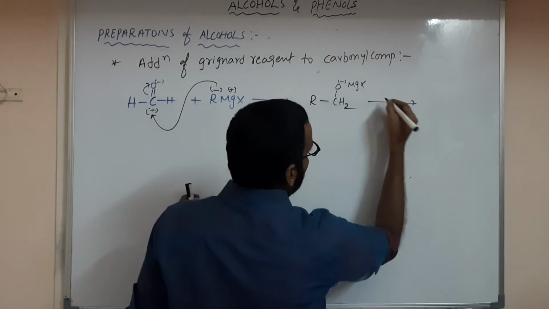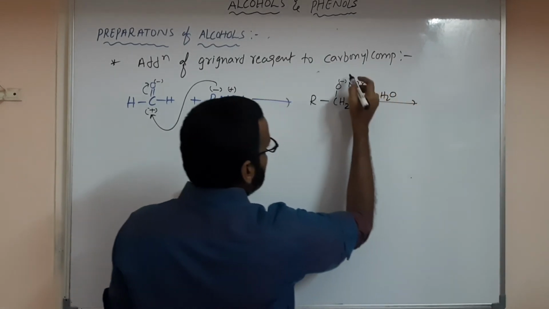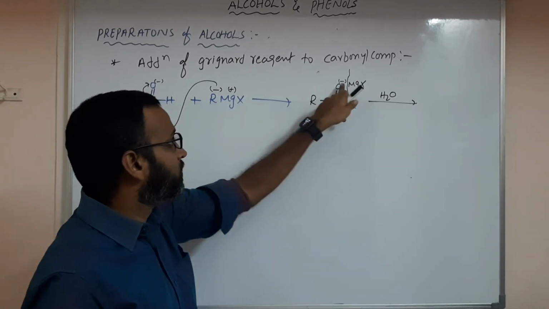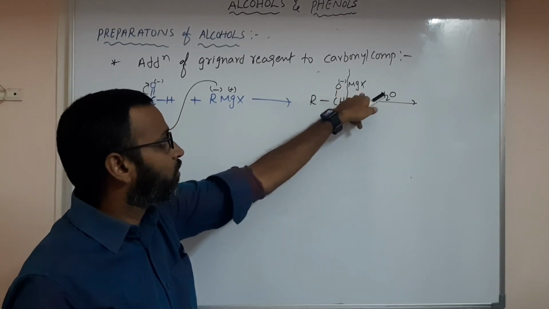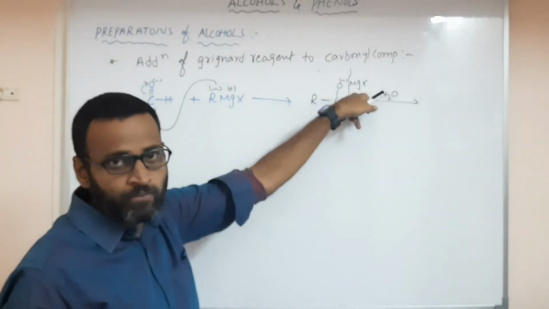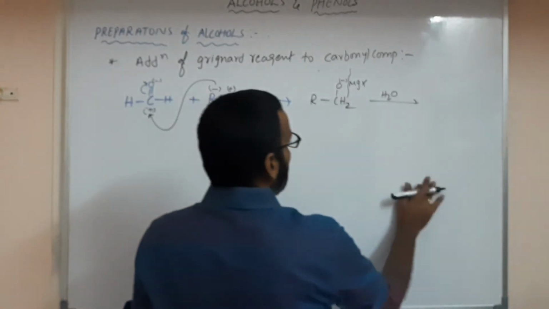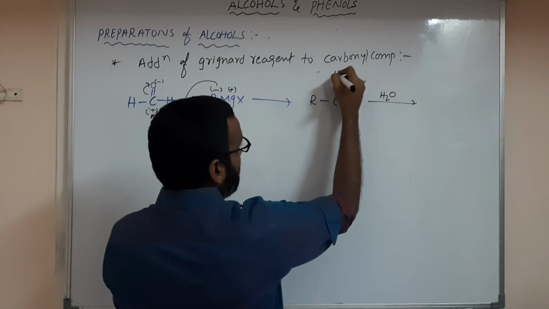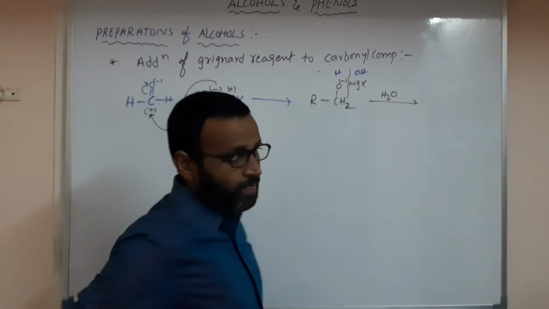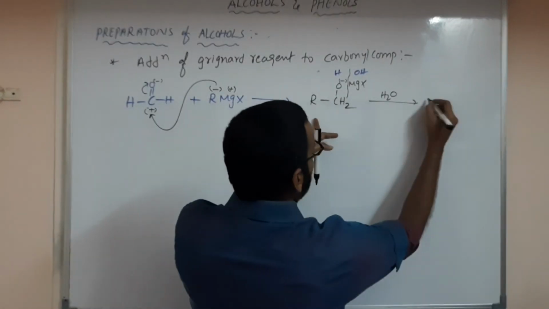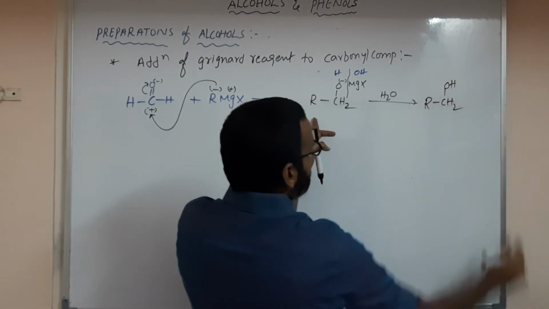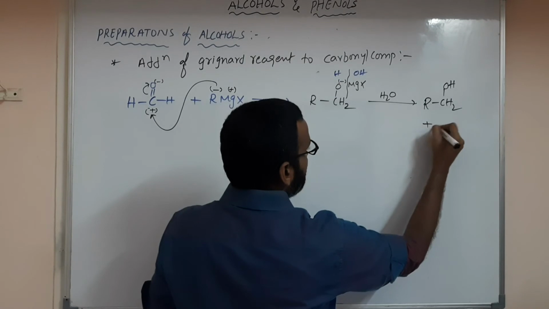Now on hydrolysis, or you can add alcohol also, not a problem, it will provide H and OC2H5 for alcohol preparation. With water, here you have H and here you have OH, so the final product has CH2 and OH. This is alcohol. And what is the byproduct?